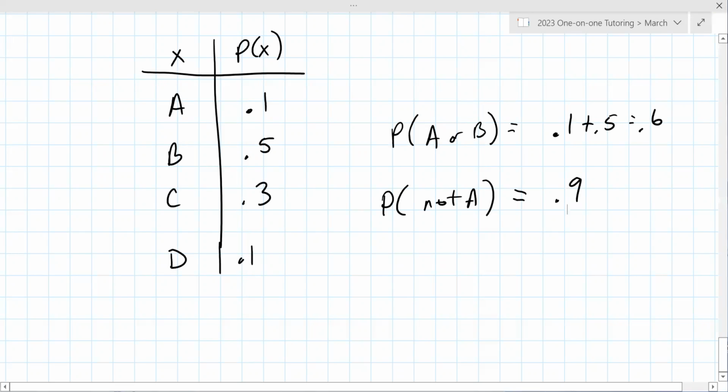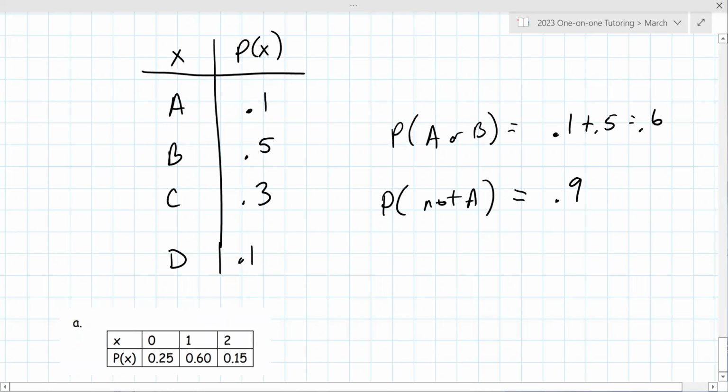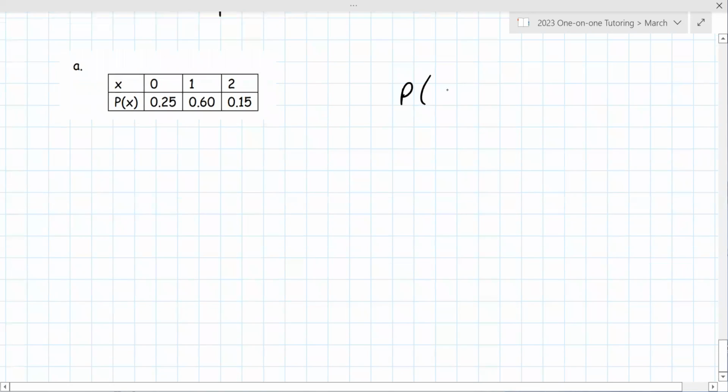All right. Here is another one for you to look at here real quick. So new problem here, our last little bit of time. What's the probability of getting a 0 or a 1? Yes. 0.85. Good.